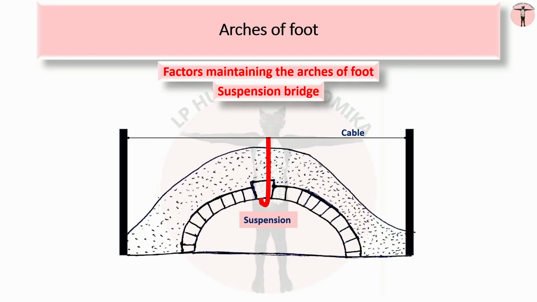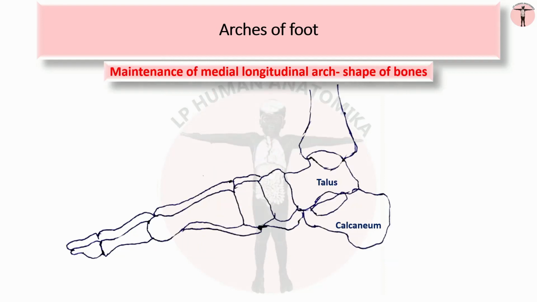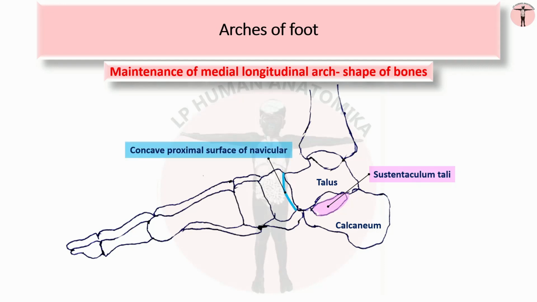Let us discuss the factors maintaining the individual arches. Maintenance of the medial longitudinal arch. Shape of the bones which maintains the medial longitudinal arch are sustentaculum tali of calcaneum, which holds up the talus, the concave proximal surface of the navicular bone articulates with the rounded head of the talus.